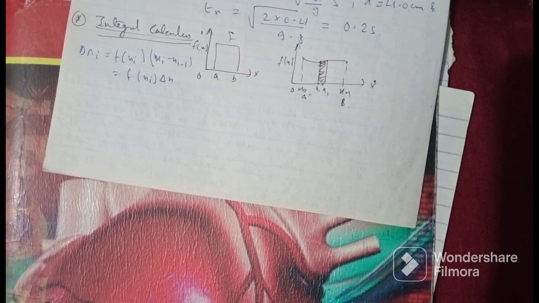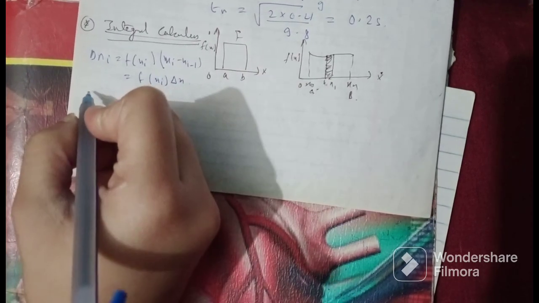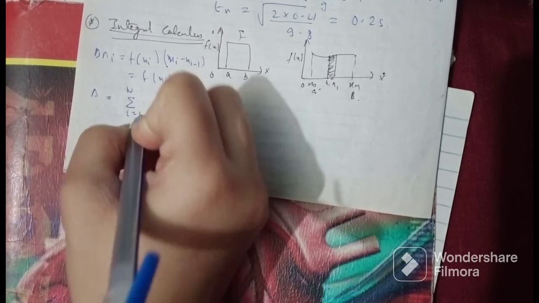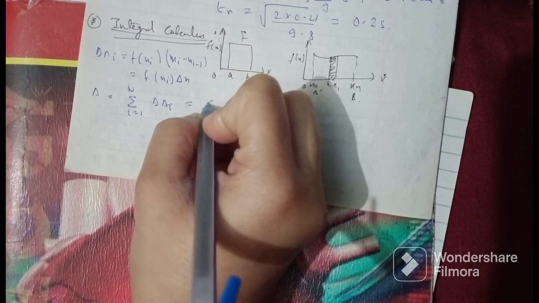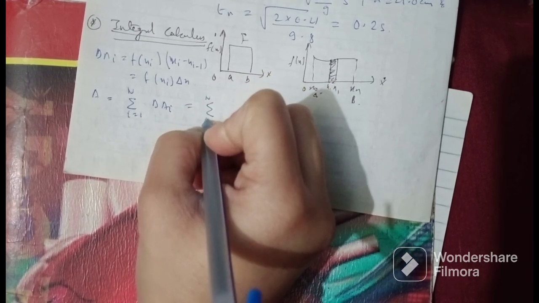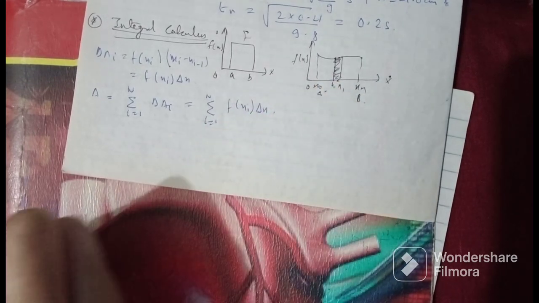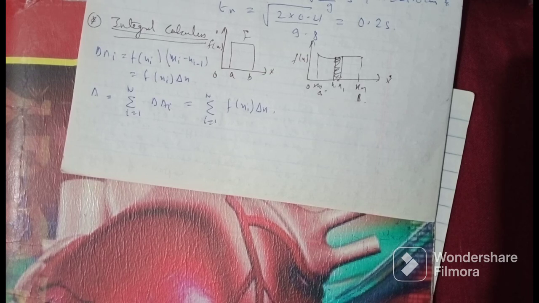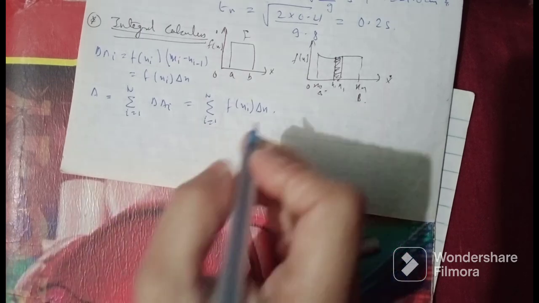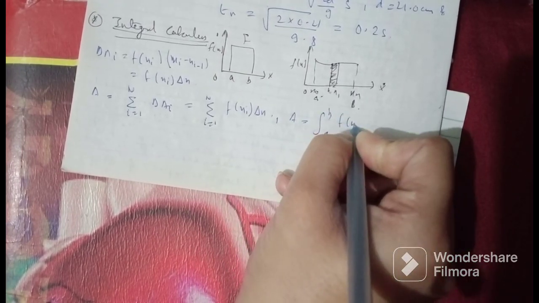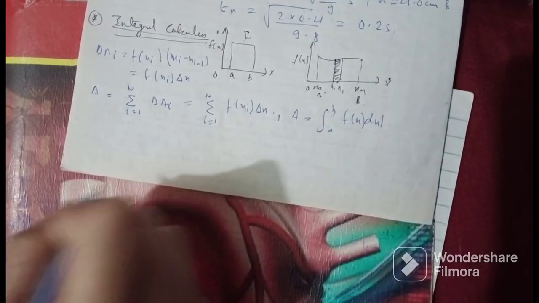The total area under the curve is then A equals the sum from i equals 1 to n of delta Ai, equals the sum from i equals 1 to n of f(xi) delta x. The limit of this sum as n tends to infinity is known as the integral of f(x) over x from a to b, and it is given a special symbol: integral from a to b of f(x) dx.